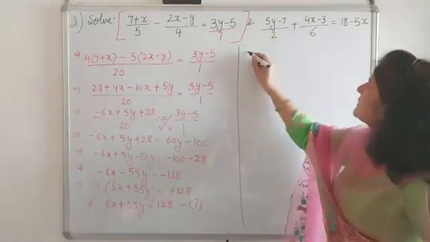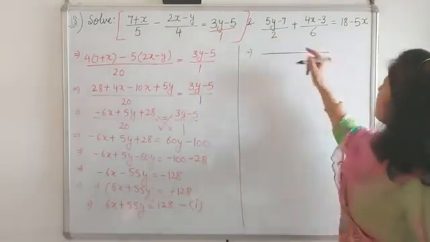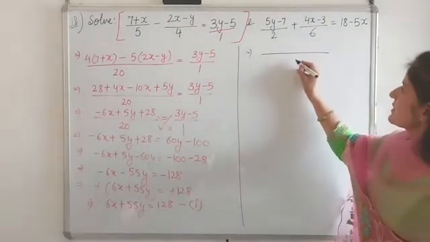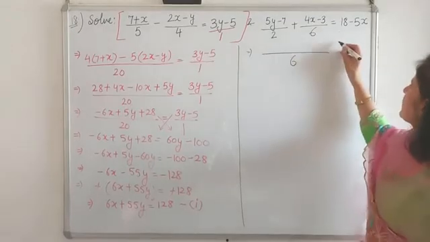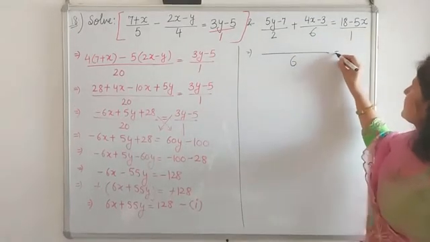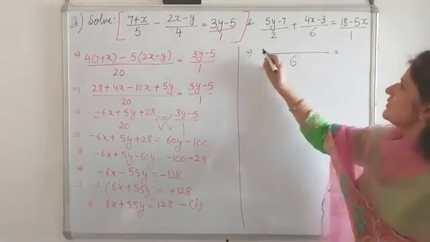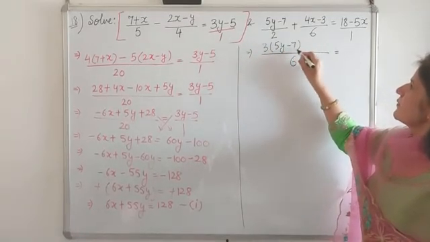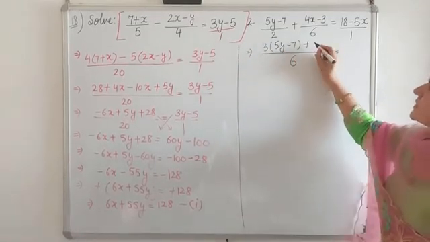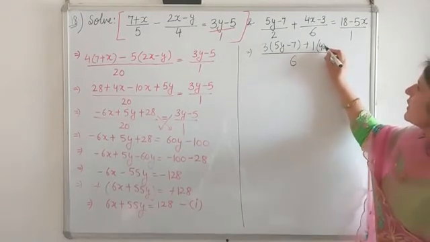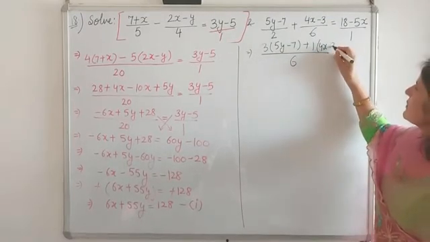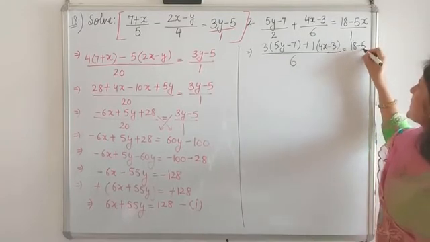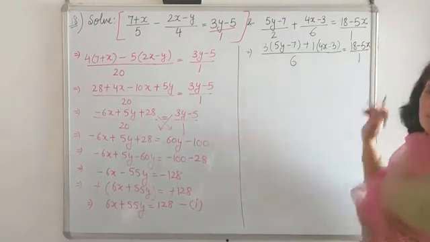Here LCM of 2 and 6 is 6. 2 3s are 6. 3 multiply with 5y minus 7 plus 6 1s are 6. 1 multiply with 4x minus 3 is equal to 18 minus 5x over 1.